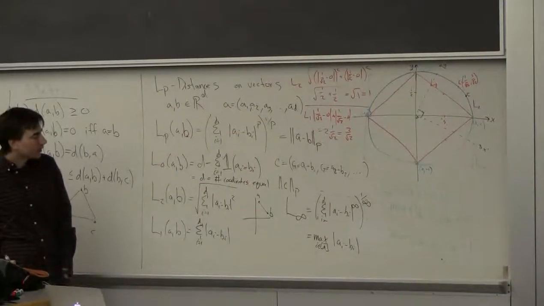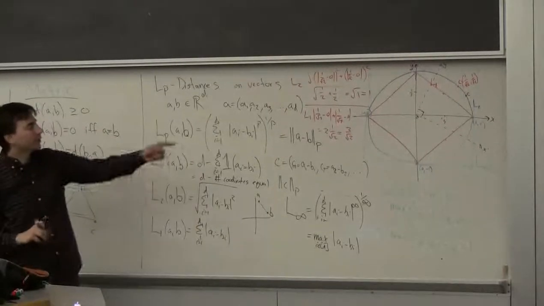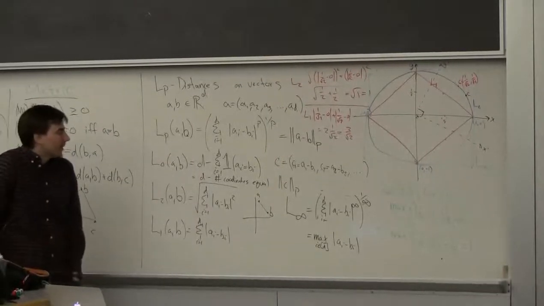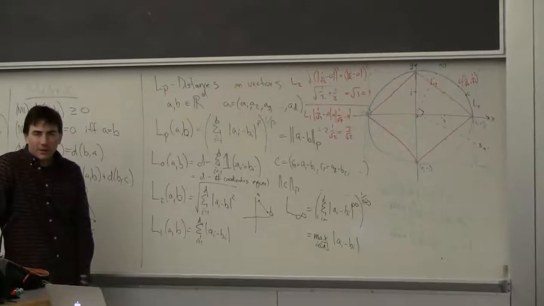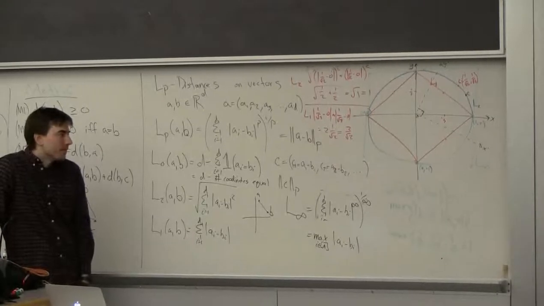So what does the L0 ball look like? It's 5 points, one at the center and the other 4 points.